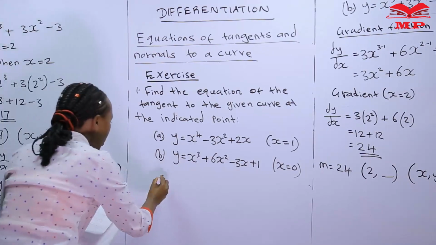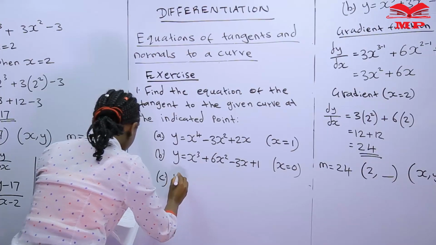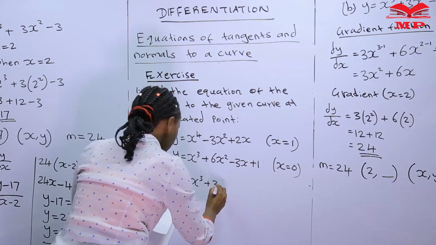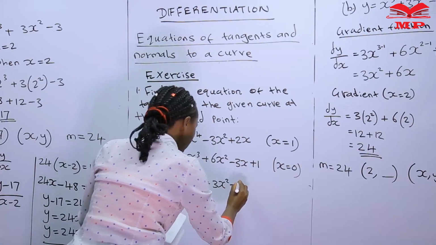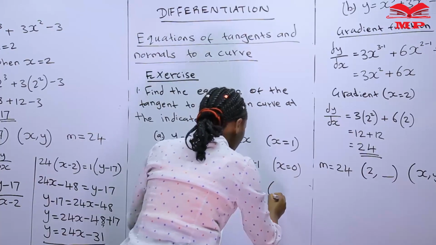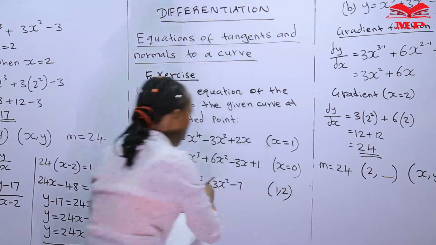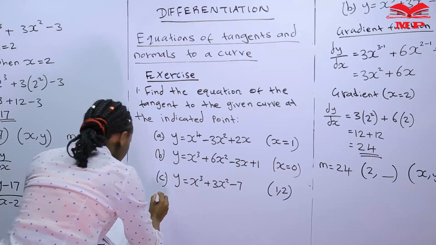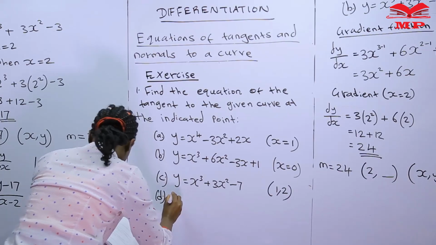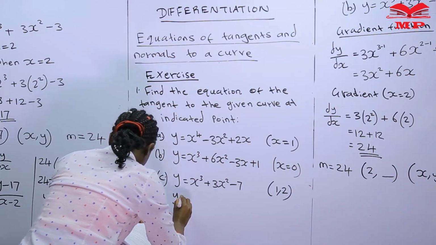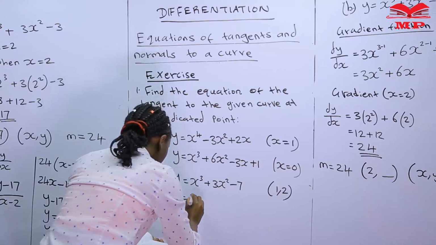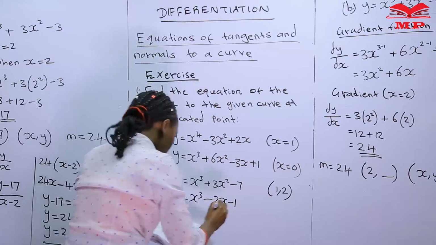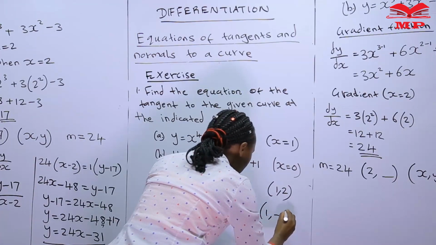Then number C, you have y is equal to x cubed plus 3x squared minus 7, and the point is 1, 2. That is the point that you have been given. Then finally, number D, the equation is y is equal to x cubed minus 2x minus 1, and the point is 1, negative 2.